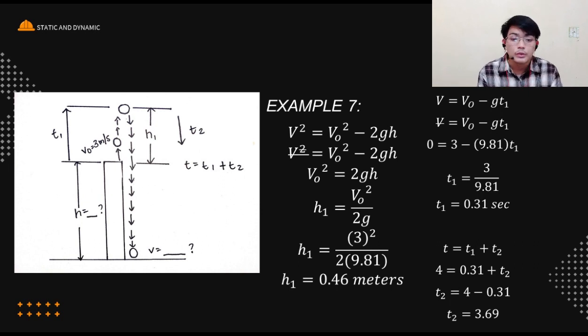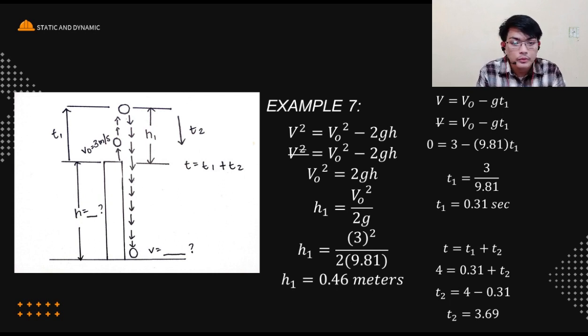Then let's move on into our t2, or the second time of our ball. So now we have t equals t1, which is what we solved earlier, plus t2, or the second time. So we just substitute our values.